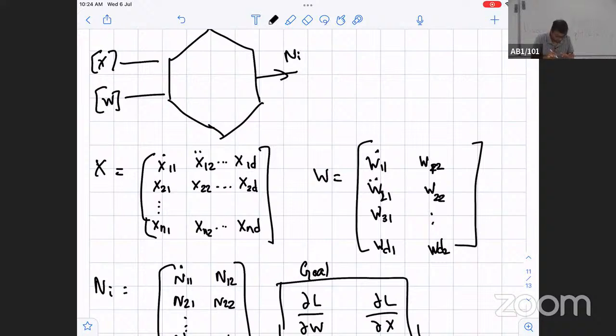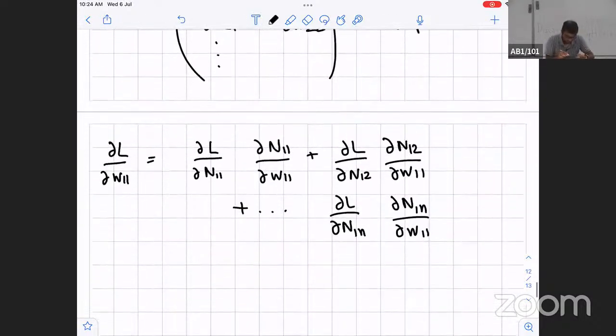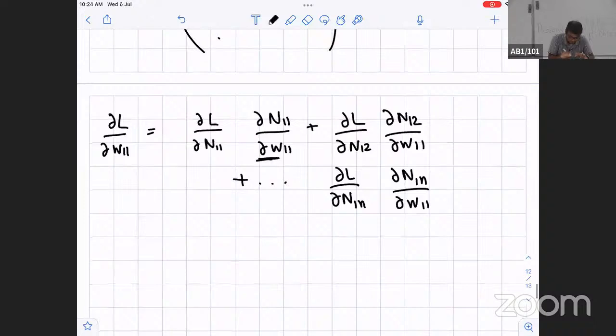So the first one gets changed because of that. So what is dN11 by dW11? We have to now expand this. I'm asking, what is this? x11.